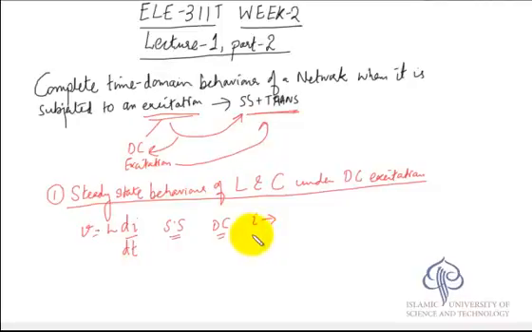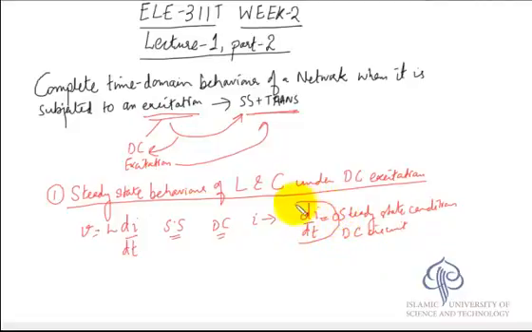And normally, most of the times, you'd expect that di by dt under steady state conditions in a DC circuit would be zero, because that's what steady state means. Loosely, it means that variables have settled down, and in DC, expect the variables to settle down to constant values.